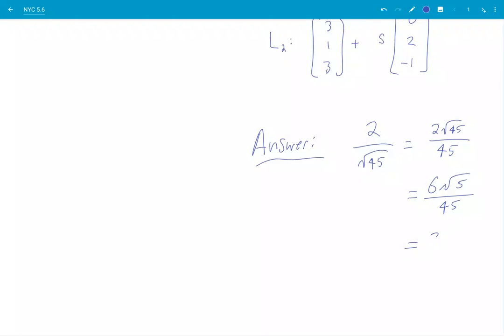Divide top and bottom by 3. This is really tedious, but I just have to. Okay. Make sure I didn't screw that up. 9 times 5 is 45. That comes out, divide top and bottom by 3, 2, and all right, there you go. Hopefully you got one of these things. I don't need you to reduce it, but it sure is pretty.